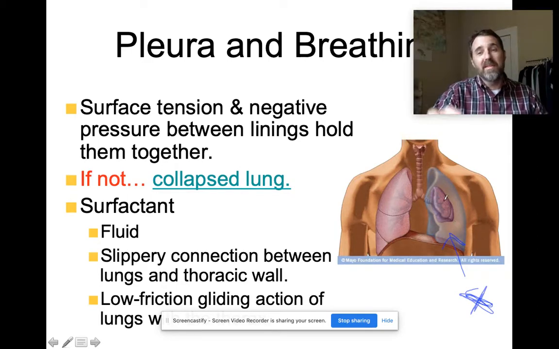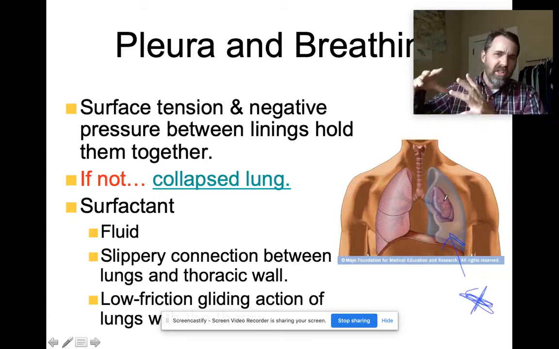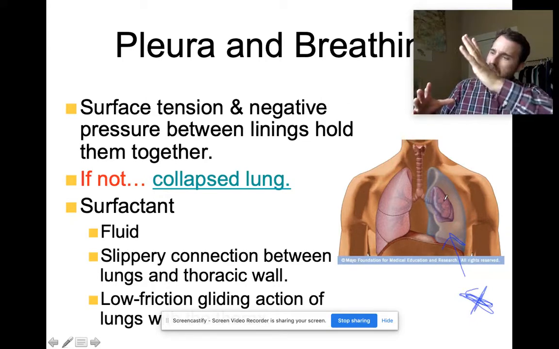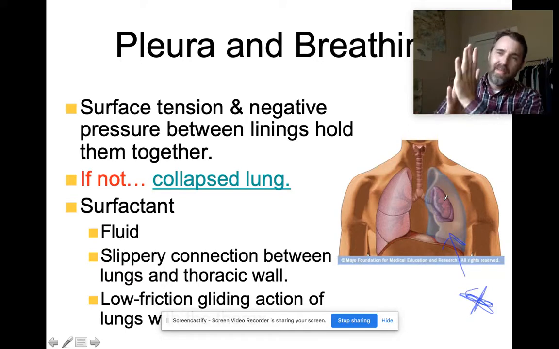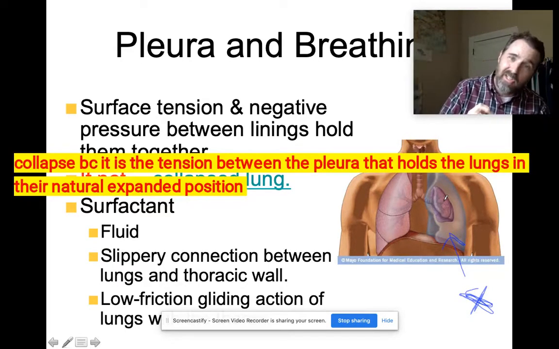And when that happens, basically the tension between the visceral pleura and the parietal pleura is going to disappear and the lung is just going to collapse.